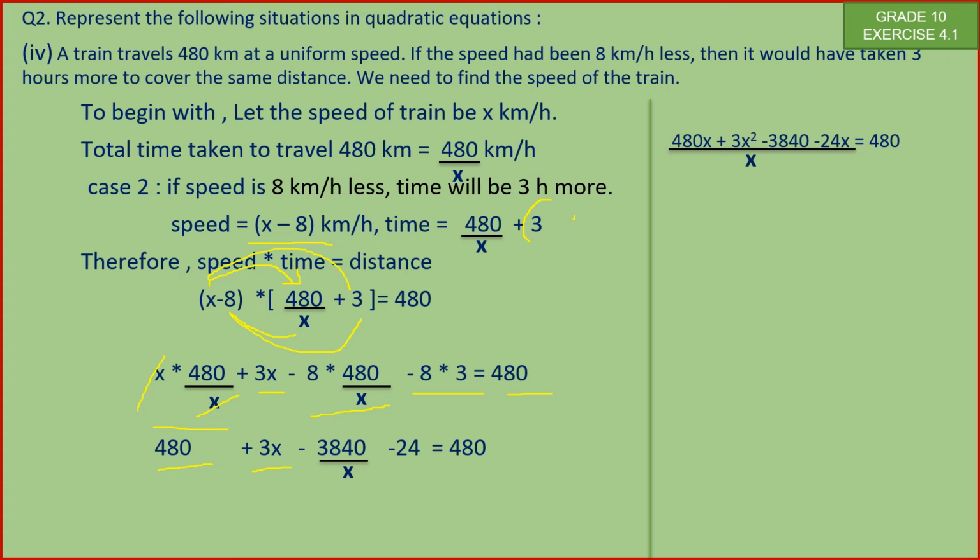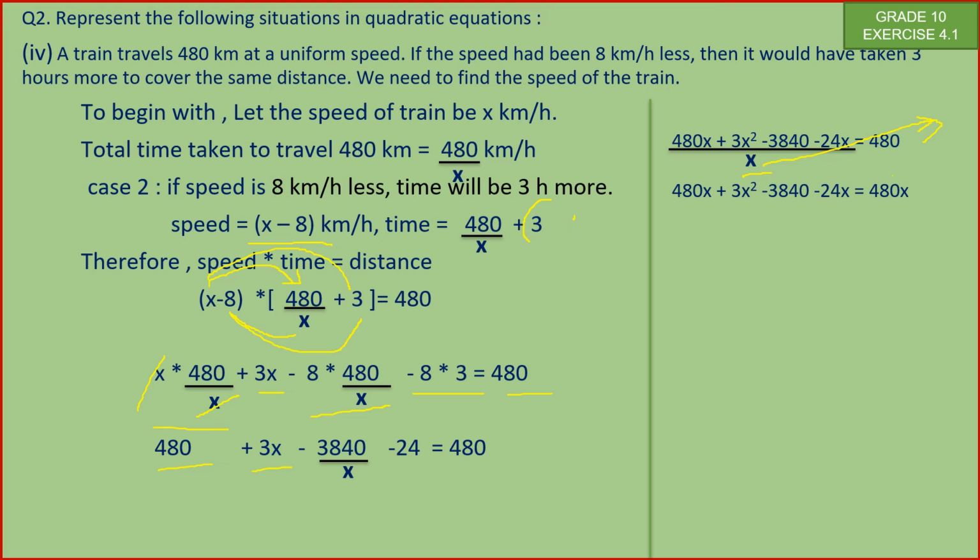Then we will multiply x through all the terms. So we will get 480x plus 3x square minus 3840 minus 24x, whole divided by x, which is equal to 480. So take this x to the other side by cross multiplication. So we get 480x plus 3x square minus 3840 minus 24x equal to 480x.